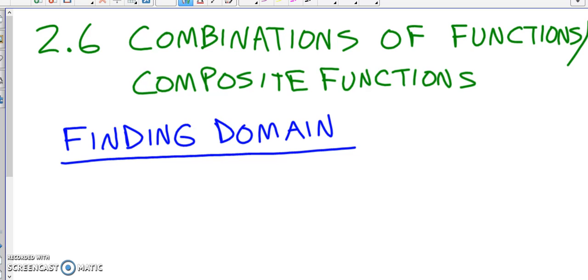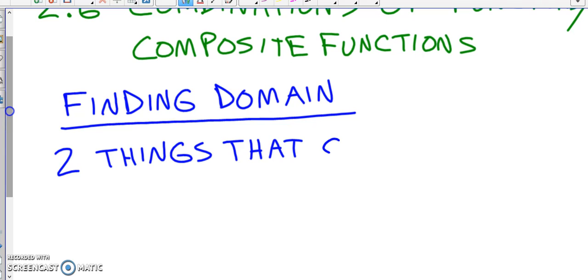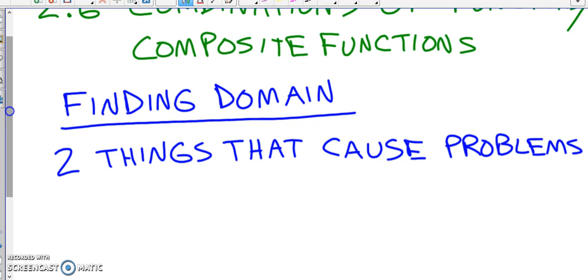Remember, these are all the x's that could be an input to your function that would give an output that makes sense, that is defined, that's an actual number. Okay? So, for now, granted there are more things than this, but for now, there are two things that cause problems with domain.